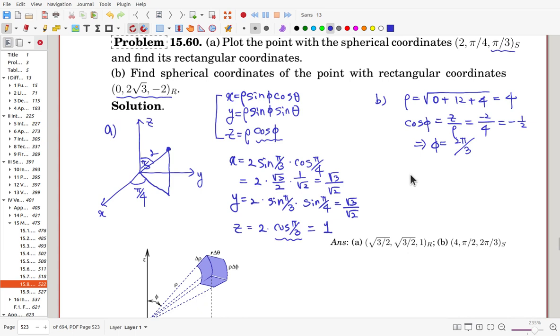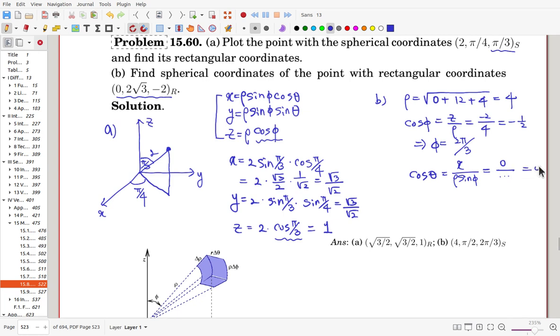Finally, you can get theta, cosine theta, by using this first equation. That is the same as x over rho sine phi. What is x? X is 0. So no matter what it is here, it doesn't matter.